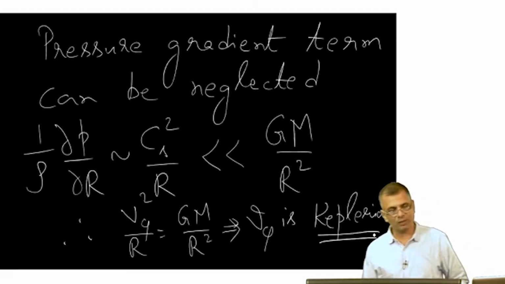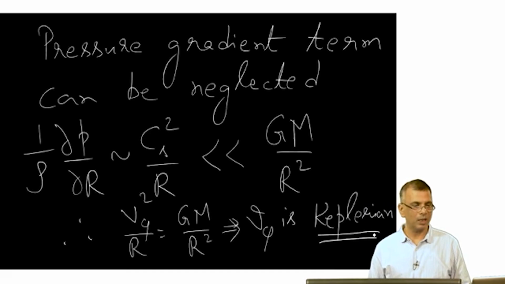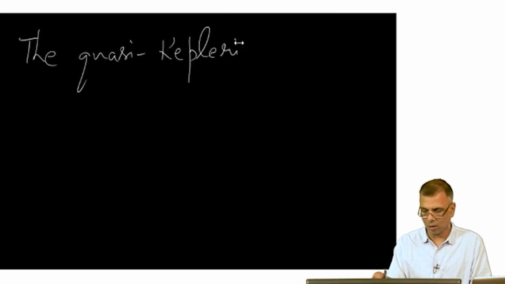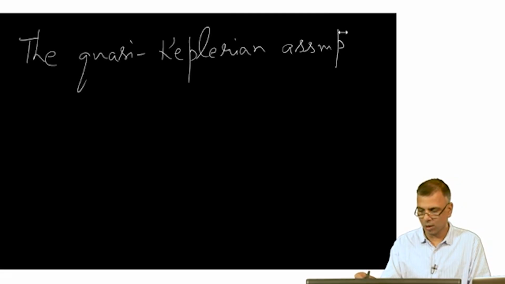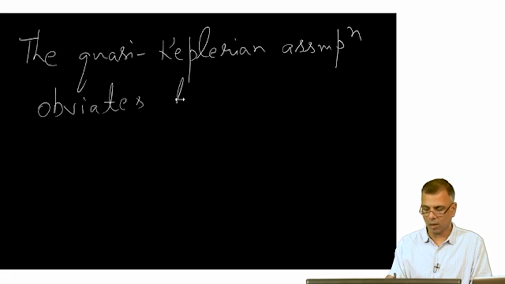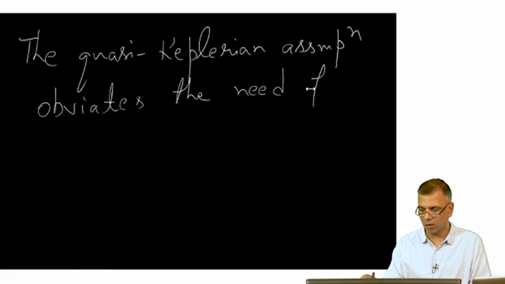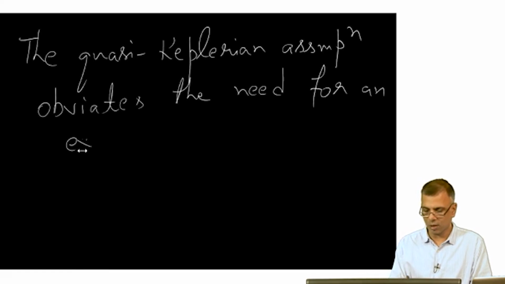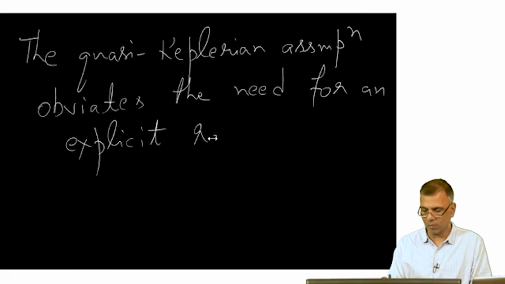In fairness, this was something that we already knew, okay, and so essentially, in other words, we had already assumed that the rotation was quasi-Keplerian. So therefore, the quasi-Keplerian assumption essentially obviates the need for an explicit radial momentum equation.